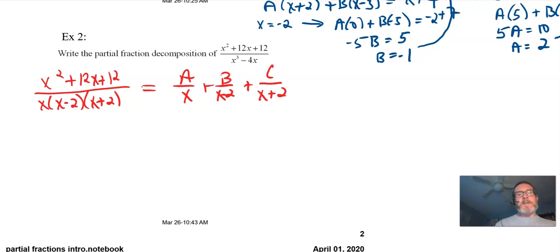Okay. Hopefully you got the 3 fractions that I did, and now it's a matter of trying to figure out how to put them all together.